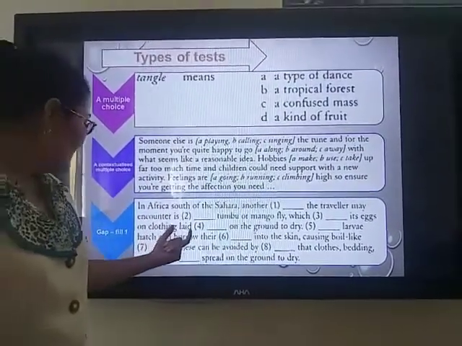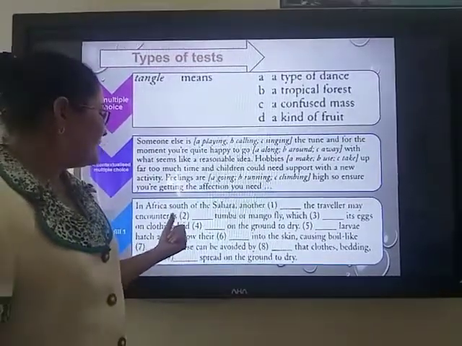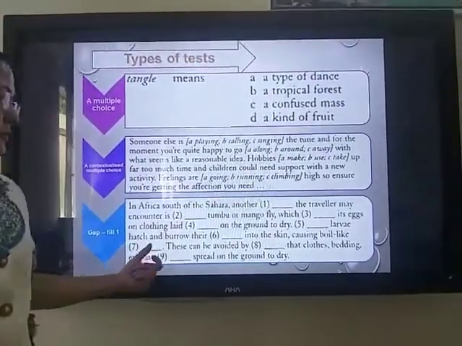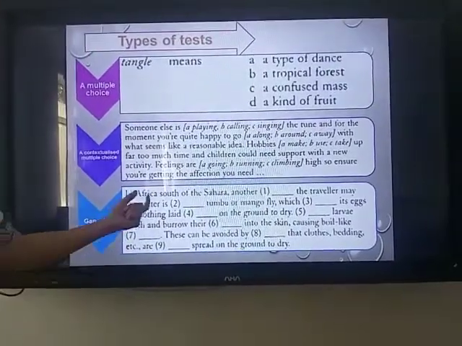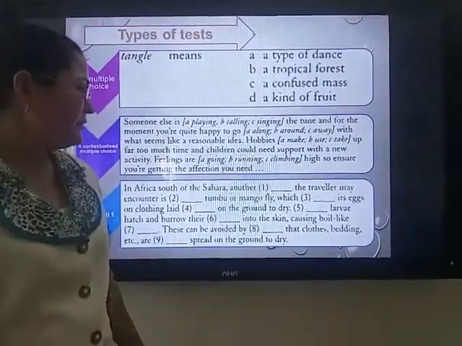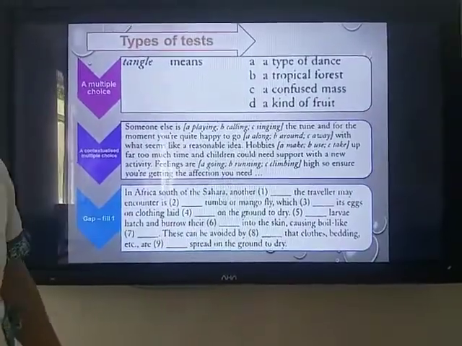In gap filling, first, there are no given words or letters. Students themselves must guess the words instead of gaps.